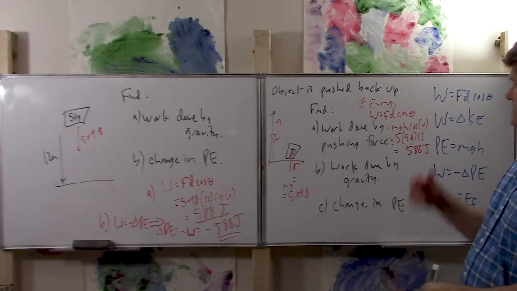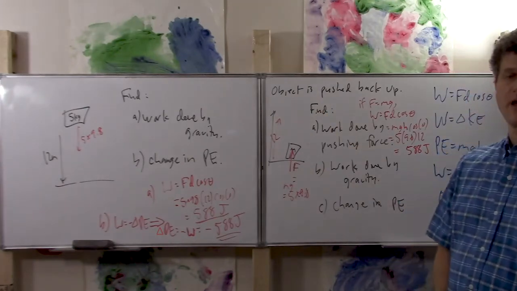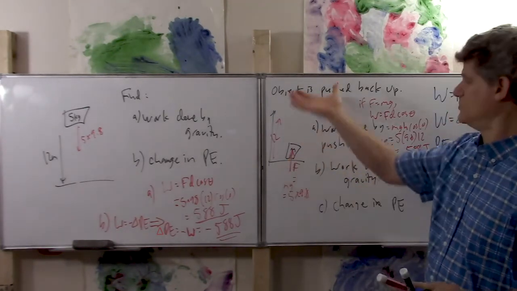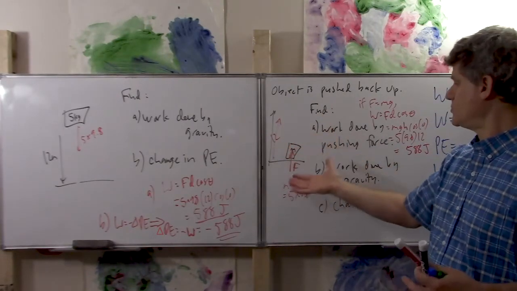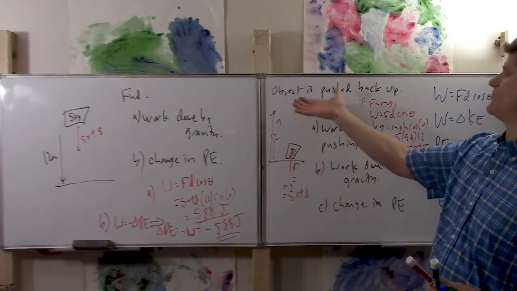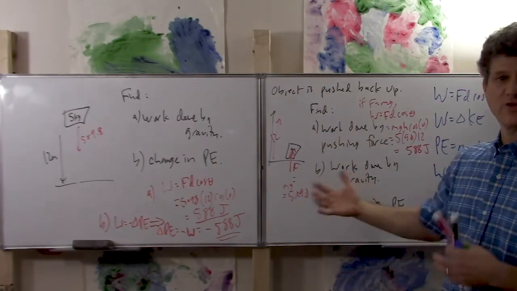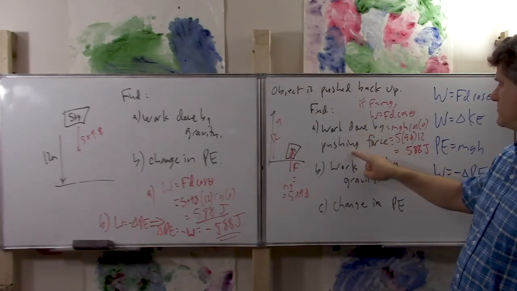Okay, so that's assuming that we're pushing with this constant force all the way up. But what if we're not? And in fact, in reality, you're not, because you have to get it moving. So you have to push with more than mg to get it moving. But you could push it really hard for most of the way and then really lightly for the last little bit. So the force doesn't have to be constant. So there's an easier way to figure out what is the work done by the pushing force.